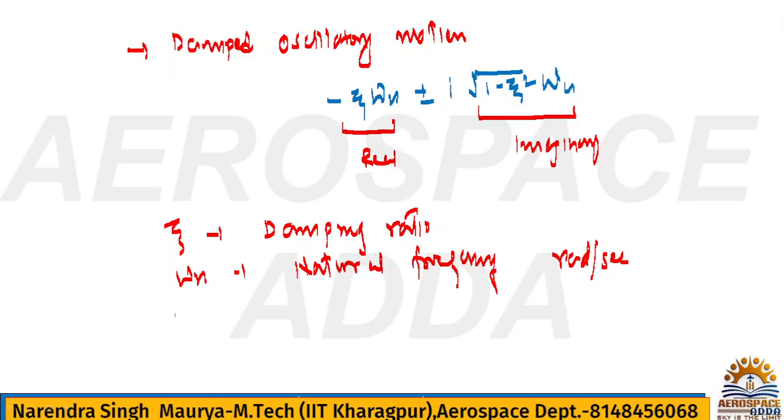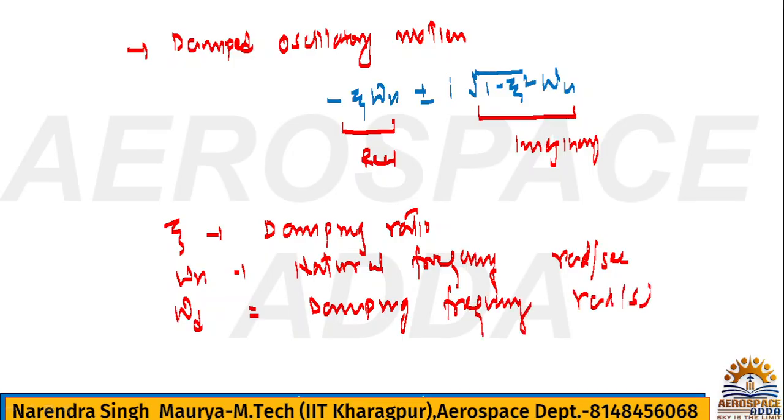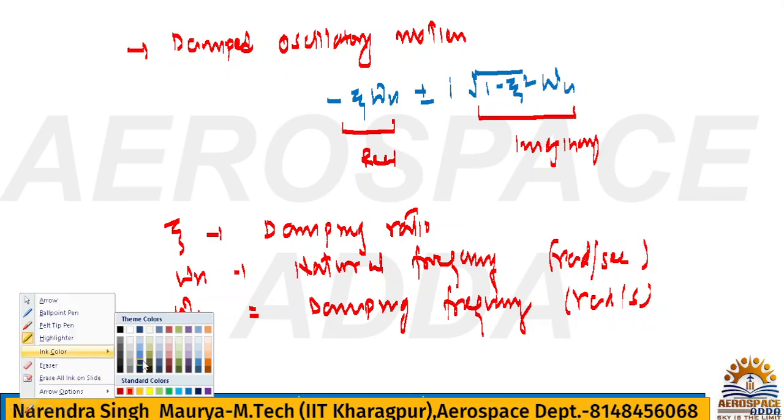One more term I want to use is omega d. Omega d is called the damping frequency in radian per second. What is the damping frequency omega d? That formula you need to know.